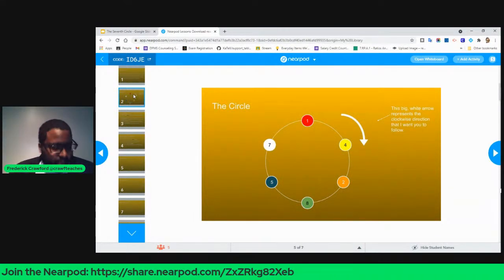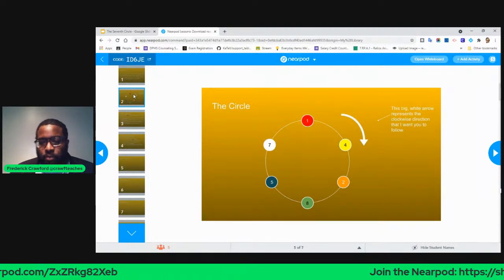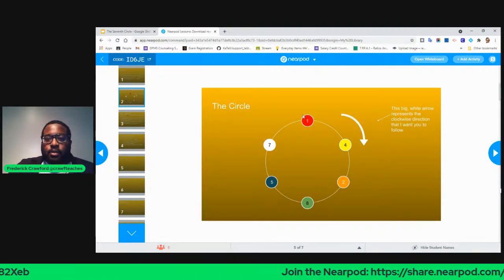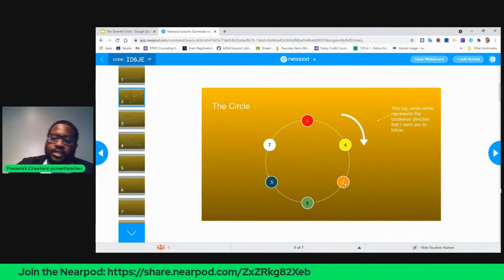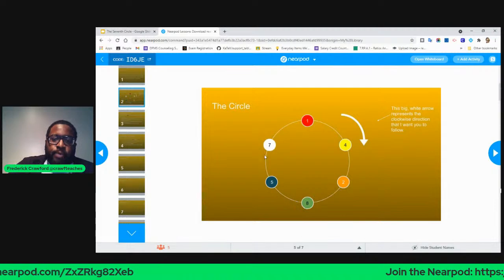And you can see it displayed well when you use the 7th circle. For 1/7, we start at 1 and we end all the way at the 7. For 2/7, we start at 2 because it's the next highest number, and we go clockwise until we get to the 4.